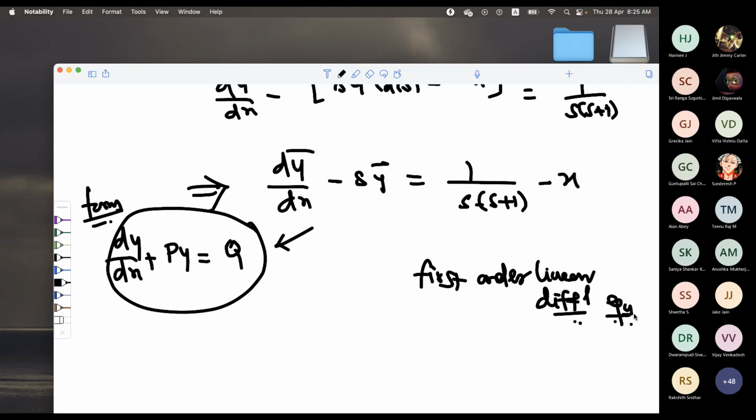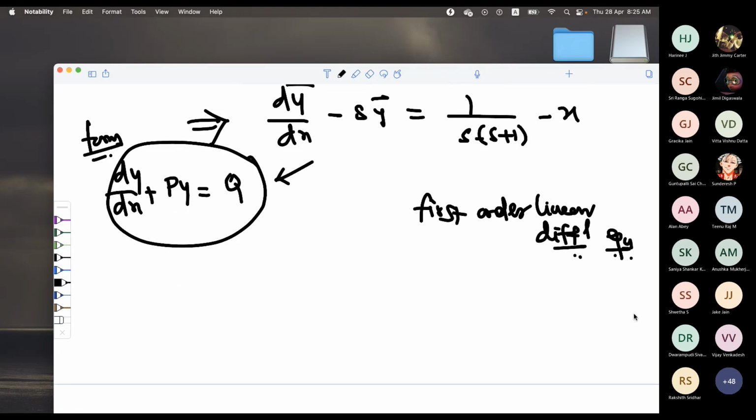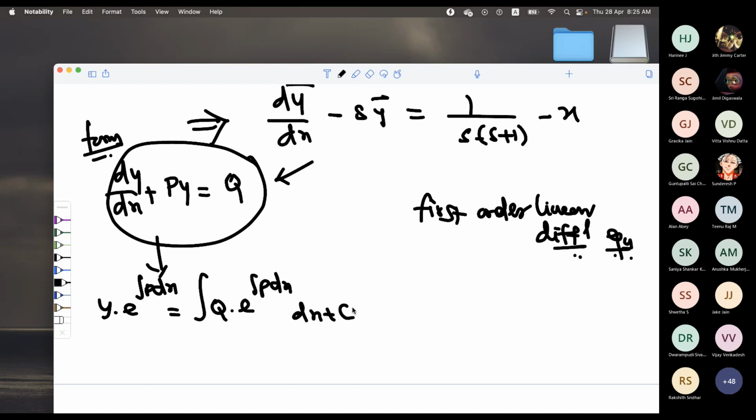So what will be the solution? For dy by dx plus p y equals q, the solution will be y into e power integral p dx equals integral of q into e power integral p dx into dx plus c. Am I right?